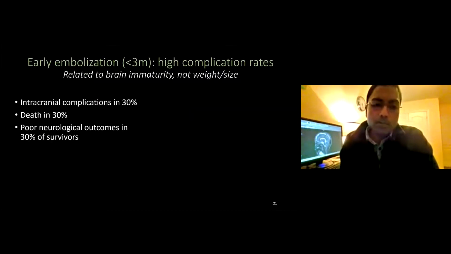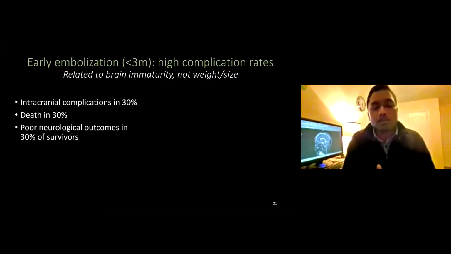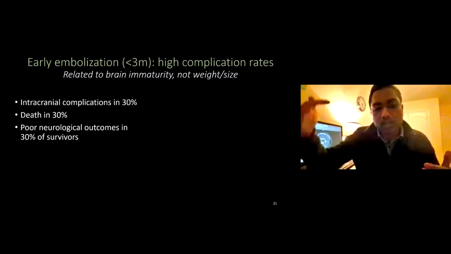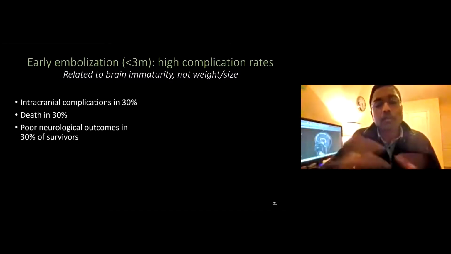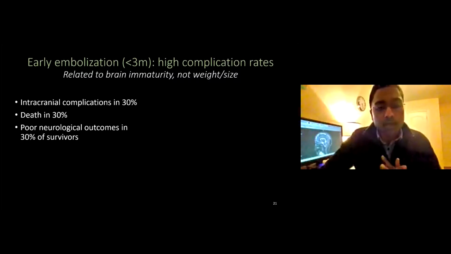As far as possible, we try to delay embolization for about 3 to 6 months. And the reason for that is because early embolization has been shown to have high complication rates because the brain is immature up to the age of about 3 to 6 months. And of course, even after that, the complication rate at that period is extremely high. As you can see here, there are brain complications in about 30%, mortality of 30%.